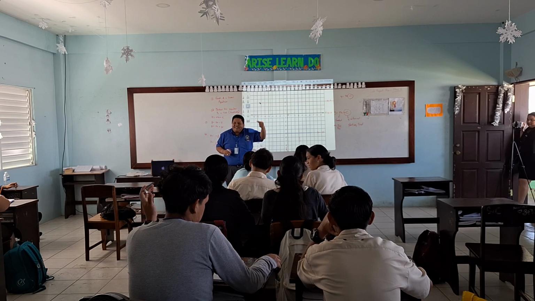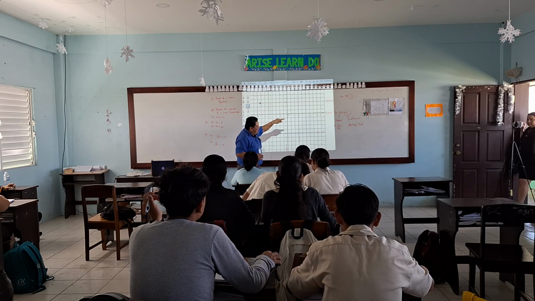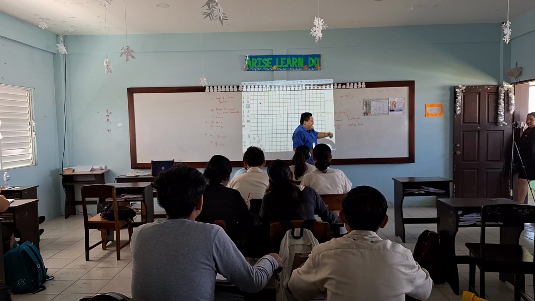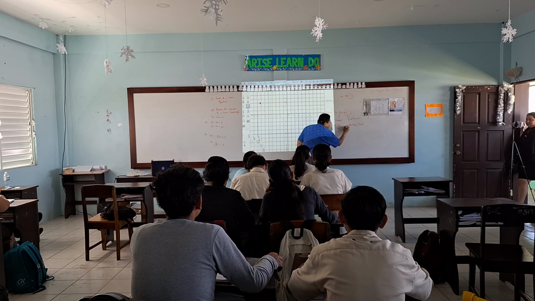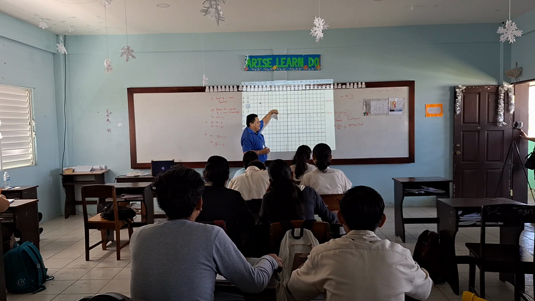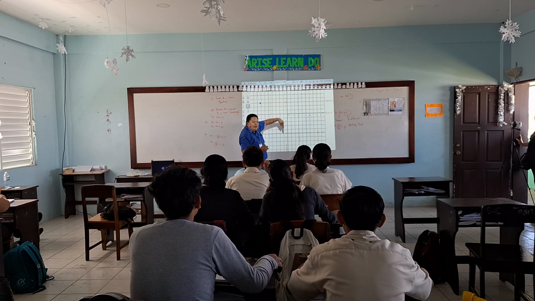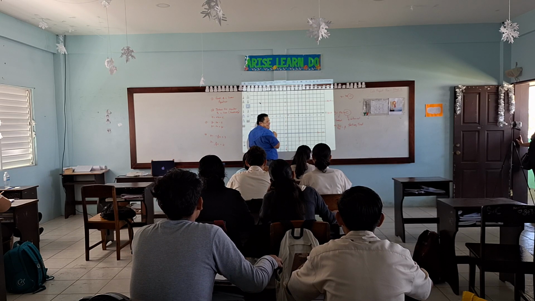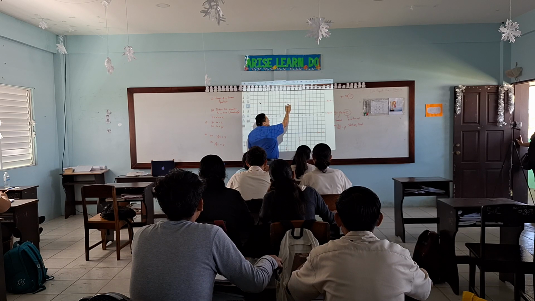Then the gradient is 3. But gradient is a fraction, rise over run. So 3 as a fraction is? 3 over 1. So I will rise 3. Since it's positive, will I go up or down? Up. So I will count. Do not count 1, 2, 3 from zero. From here to here is 1, 2, 3, and then run 1 positive.